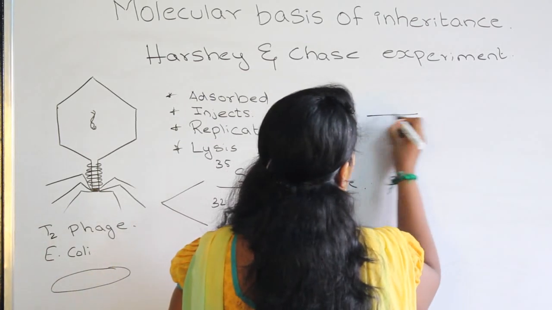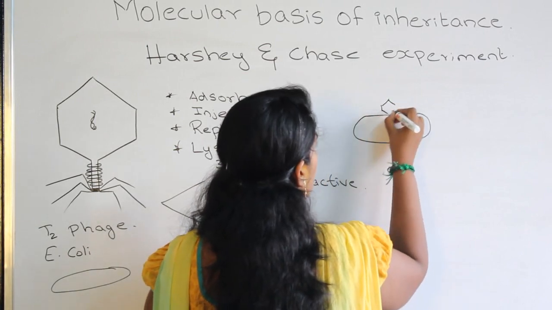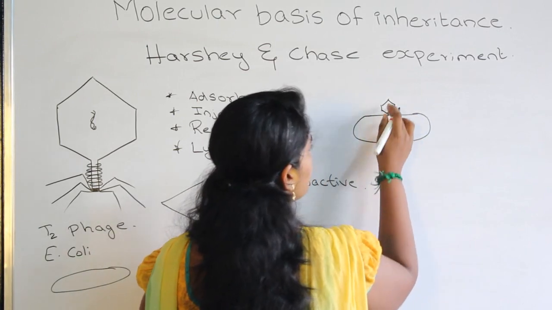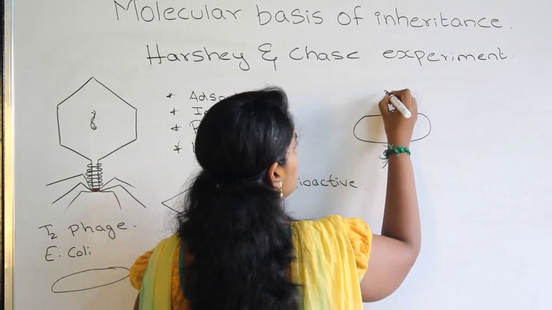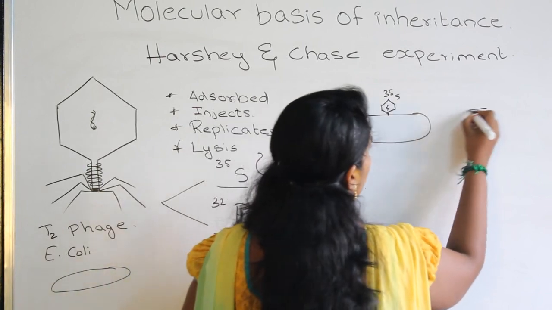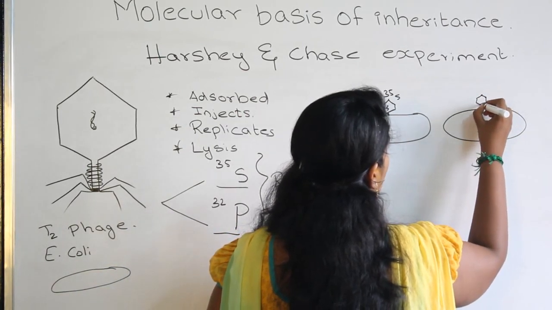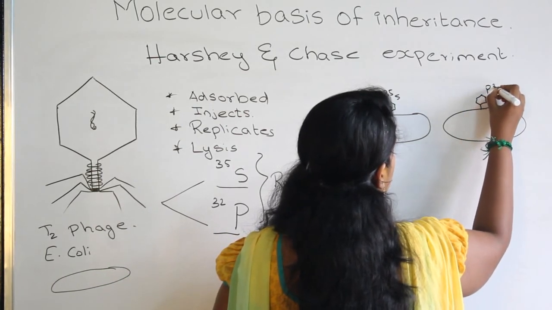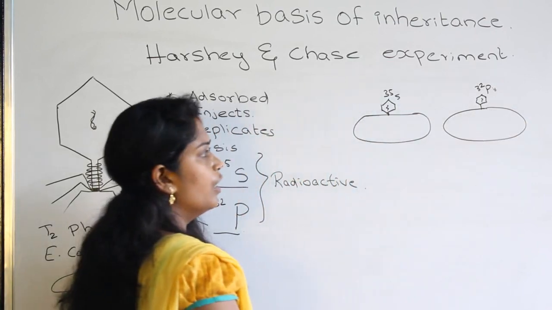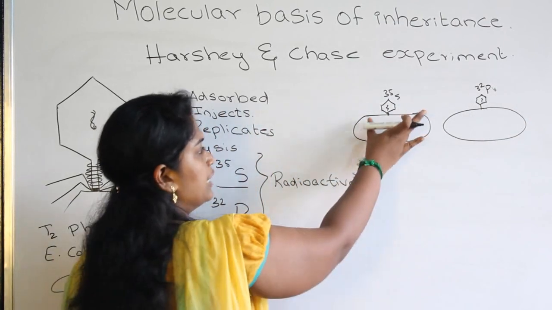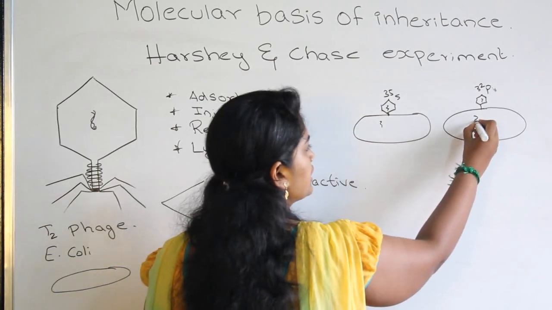One bacterium is infected with the bacteriophage containing sulfur 35, the other bacterium is infected with phosphorus 32. Once the phage is absorbed, it injects the DNA.